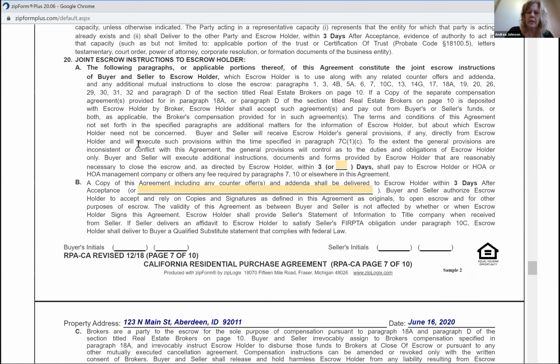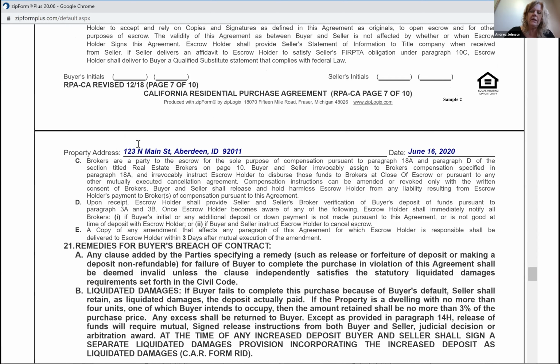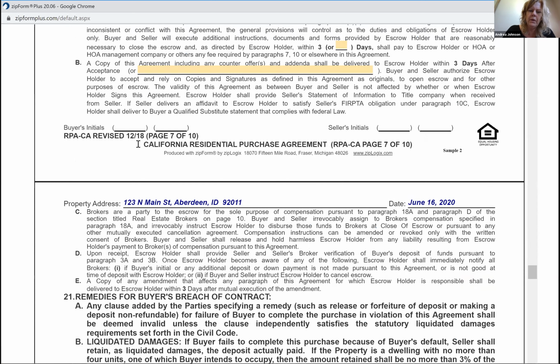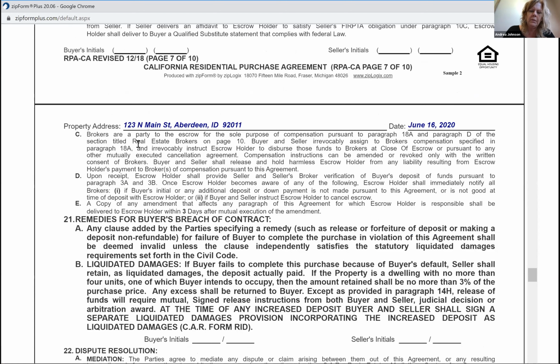Okay, we're done with joint escrow instructions, but this is what the escrow officer is agreeing to when accepting the escrow, which they do at the bottom of page 10.